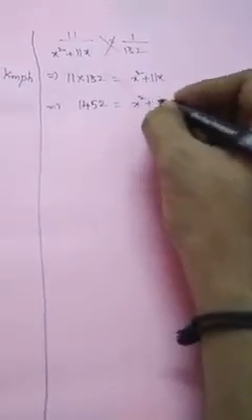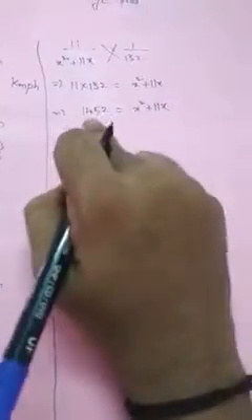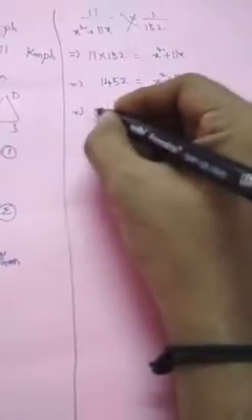That implies 11 into 132 will be 1452 is equal to x square plus 11x. Then we'll send this constant to the right side. Then the equation will be x square plus 11x minus 1452 is equal to 0.